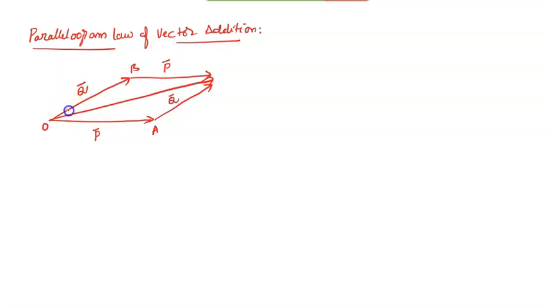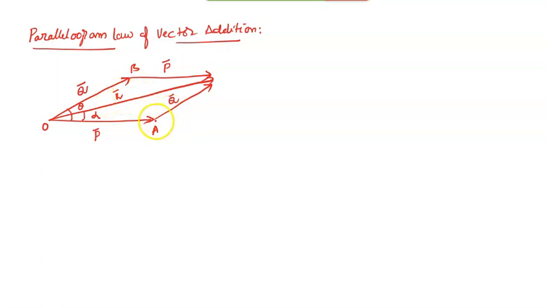The angle between P bar and Q bar is theta, and the resultant, let it be R bar, makes an angle alpha with the first vector. Now we are going to find the magnitude and direction of the resultant vector R bar.